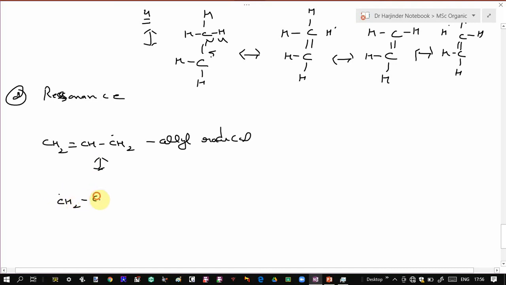You can write its two resonance structures. So this bond undergoes a homolytic bond cleavage, so one electron here forms a double bond over here, so this gives two resonance structures.